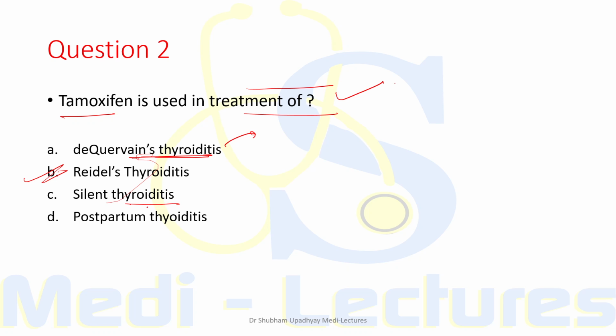Similarly, in silent thyroiditis, since there are no painful symptoms, no inflammatory symptoms, NSAIDs, glucocorticoids are usually not used. Propranolol can be used for the thyrotoxicosis stage, and levothyroxine can be given for hypothyroid stage. Similarly for postpartum thyroiditis. So tamoxifen is for Riedel's thyroiditis.